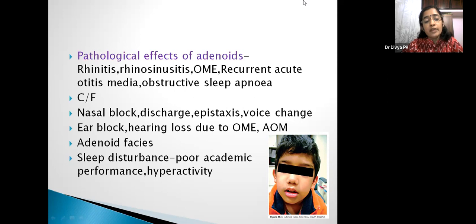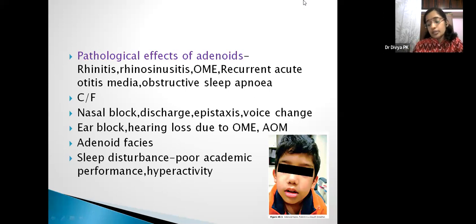The patient will have ear block or hearing loss associated with OME, otitis media with effusion, and pain in acute otitis media. The patient will have adenoid facies, like long elongated facies, upturned upper lip, pinched nose, overcrowding of upper teeth, and high arched palate. Because of obstructive sleep apnea, the patient will have decreased sleep, so poor academic performance and hyperactivity.